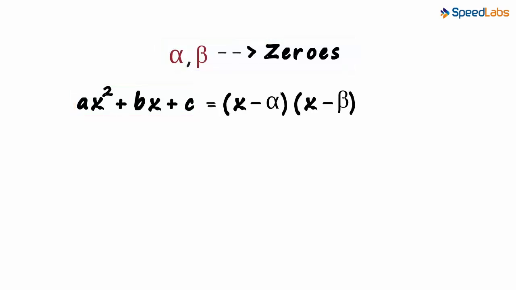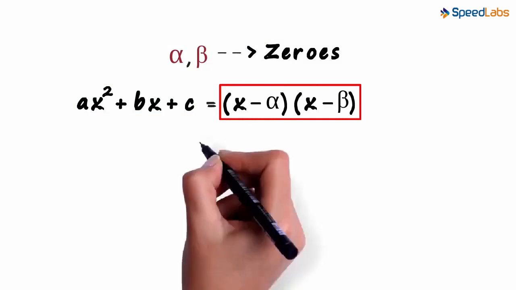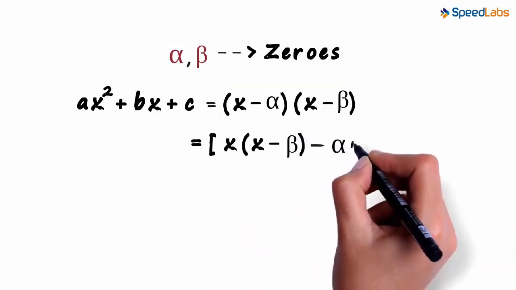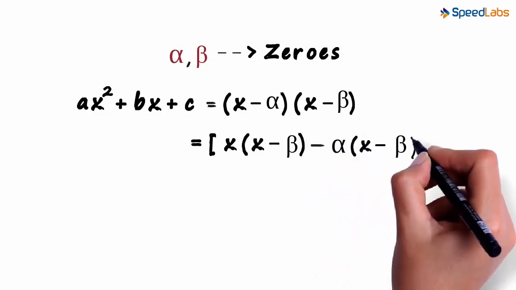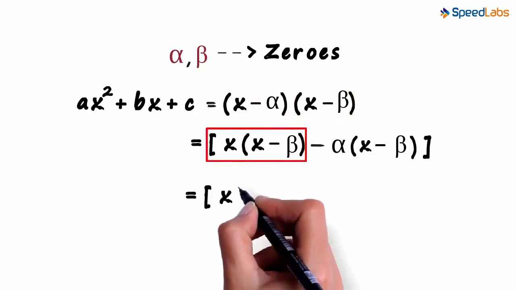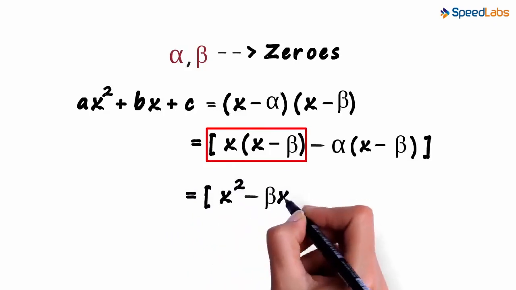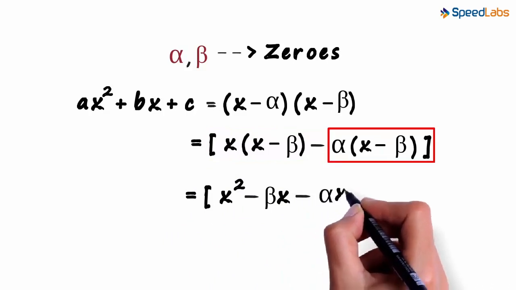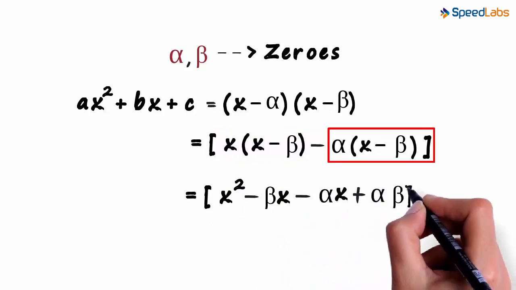We use the distributive law to solve the right-hand side. It equals x multiplied by x minus beta, minus alpha multiplied by x minus beta. We multiplied this with this and this with this. Solving the first group, we get x squared minus beta x, and solving the second group, we get minus alpha x plus alpha beta.